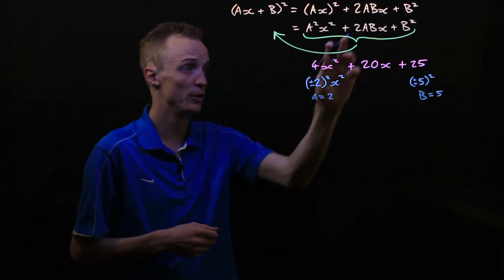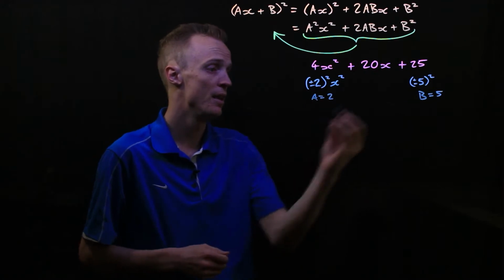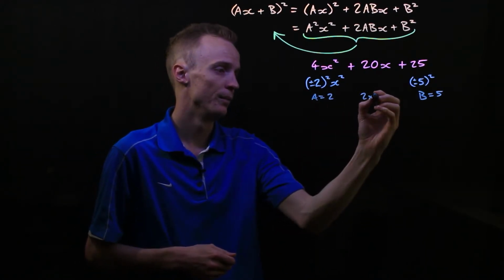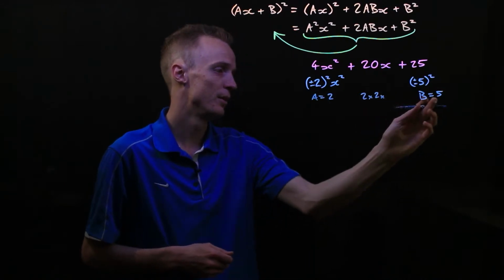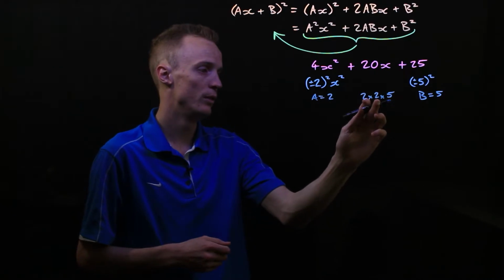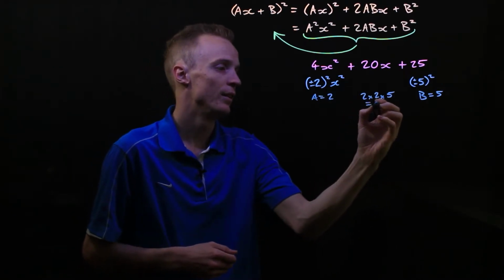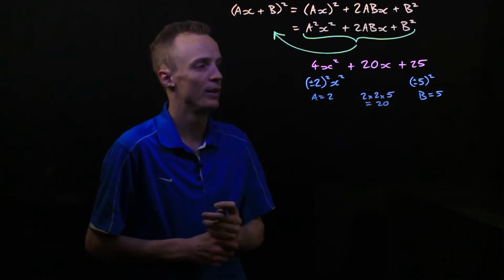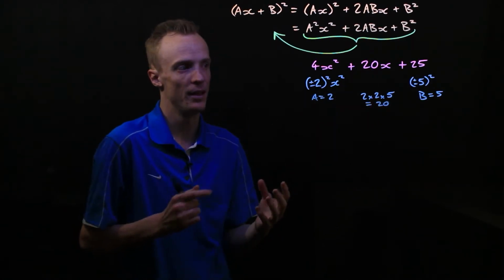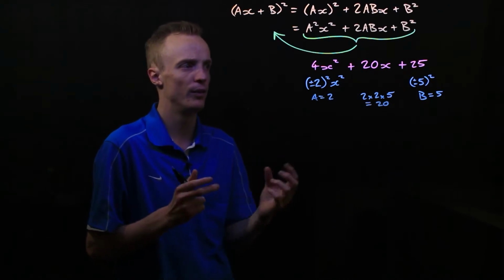If I now do 2 times a times b, that'll be 2 multiplied by my a of 2 multiplied by my b of 5. 2 times 2 is 4, 4 times 5 is 20. So this equals 20, which matches what I have here, so it means that I've now got a perfect square.